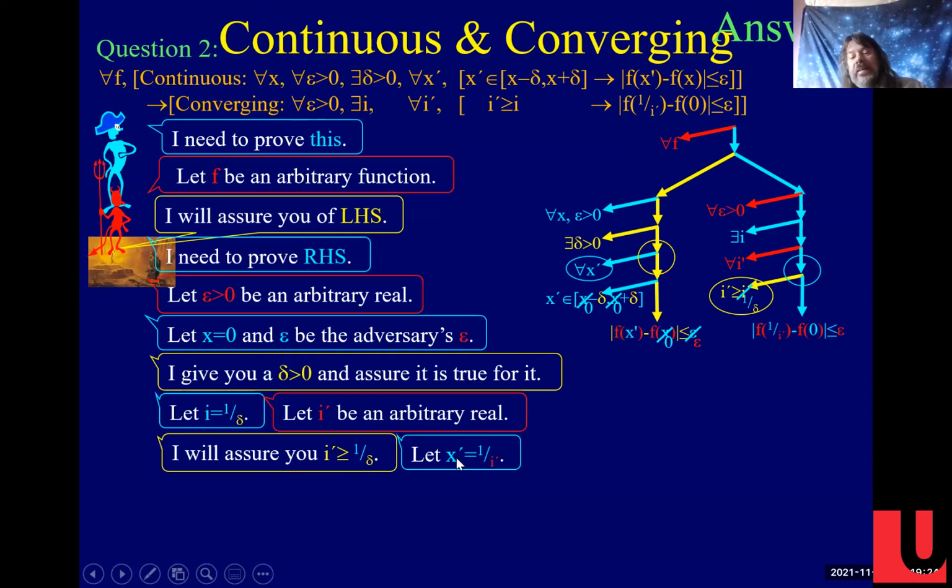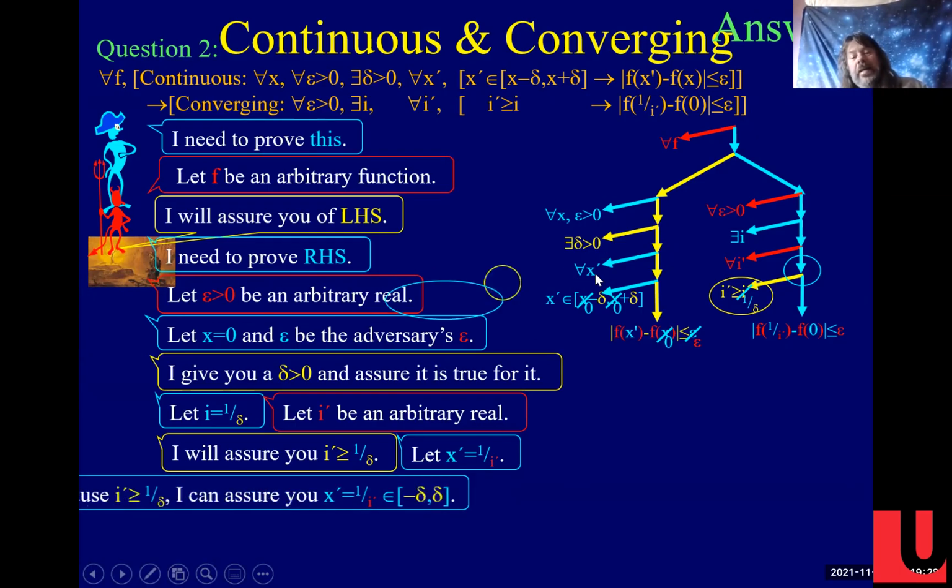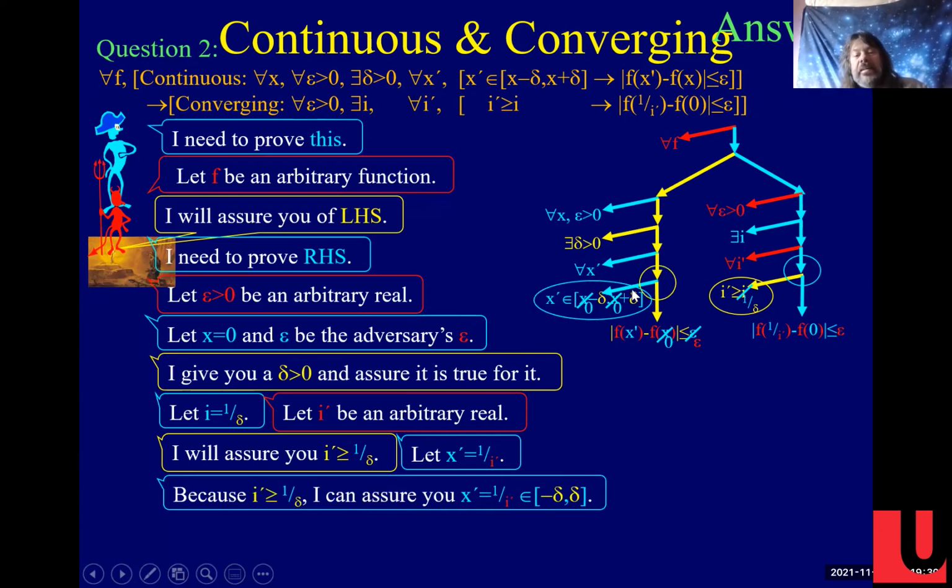So that's how we set x prime to be 1 over I prime. And then now it's a blue thing. The blue has to prove that x prime is in this range. And you can just sort of say, well, we have this relationship. And so if you crank through, it sees that, yes, in fact, I prime is bounded like it should be.